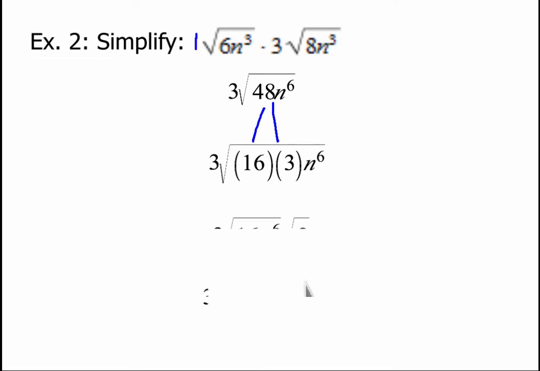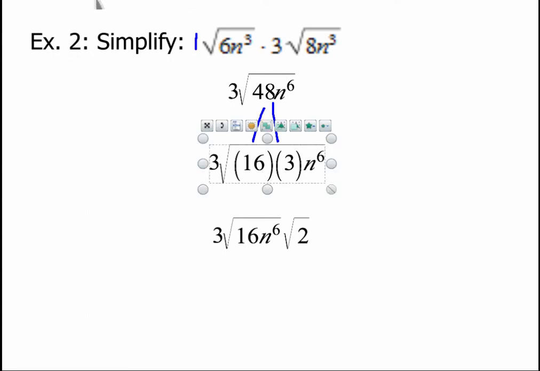Following my rules for simplifying, my perfect squares, 16 and n to the sixth, go in one radical. And my non-perfect square, which should be a 3, goes in the other radical.